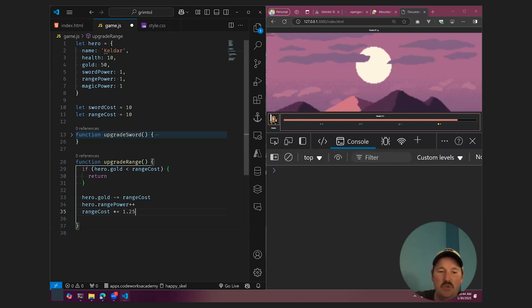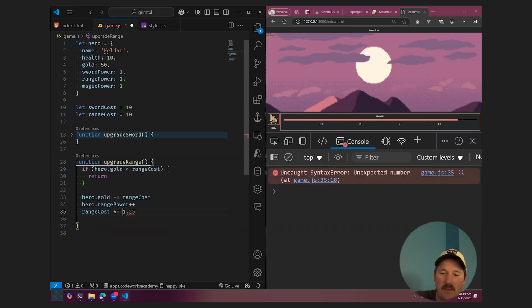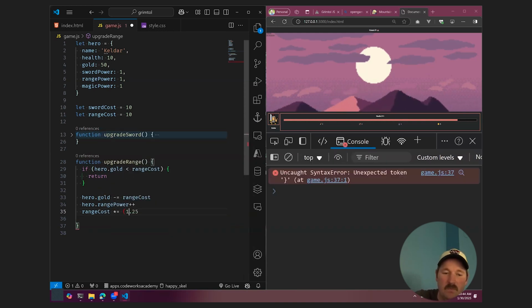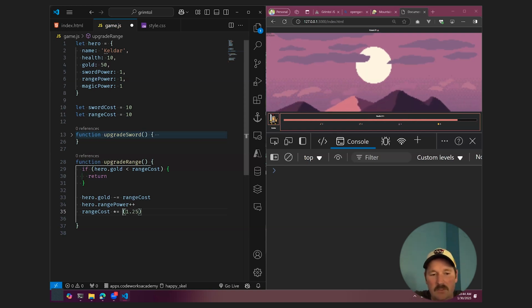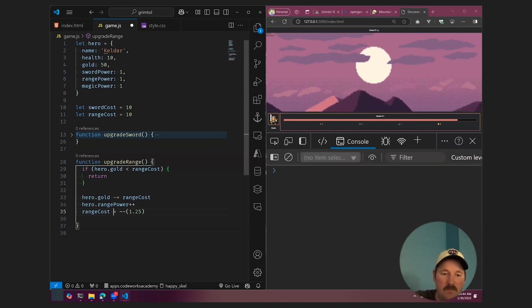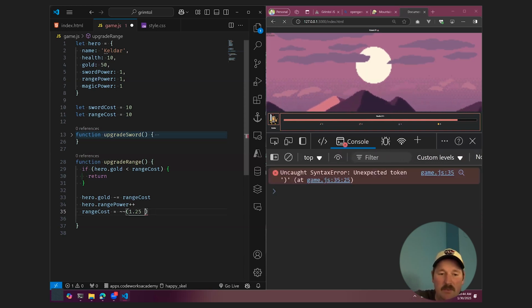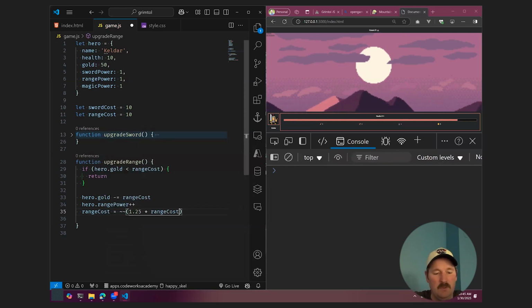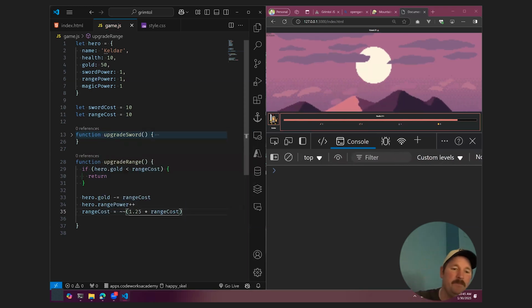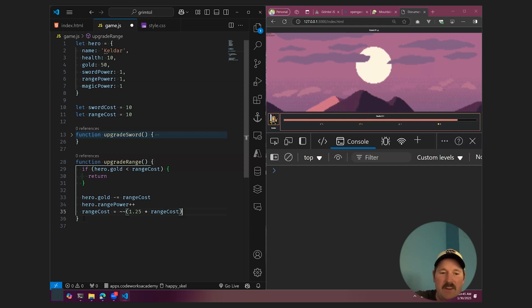We'll make this like 1.25 times the range cost. Cool. I like it. Very, very similar. Slight little difference. A little cheaper to upgrade your range continually than it is to upgrade your sword continually.